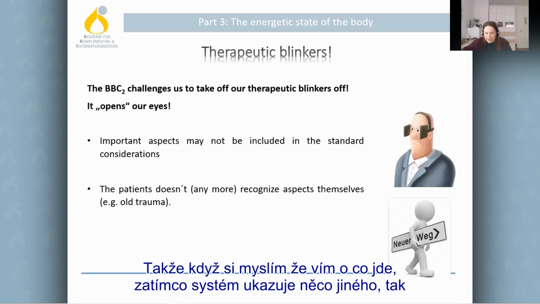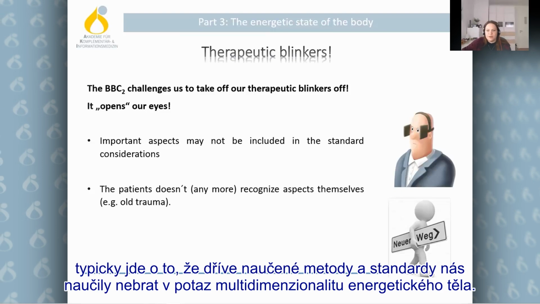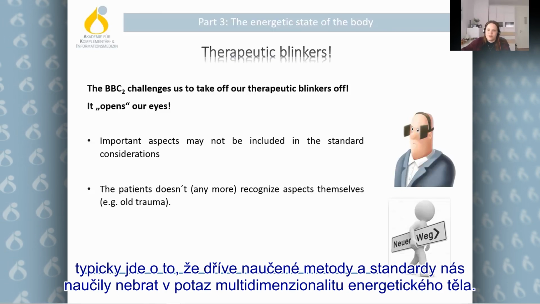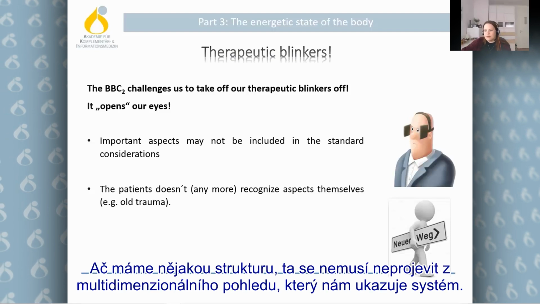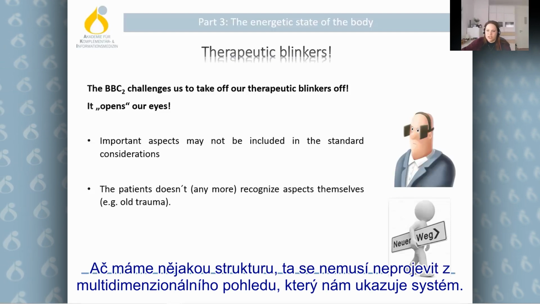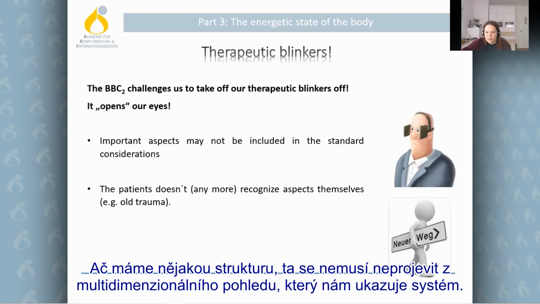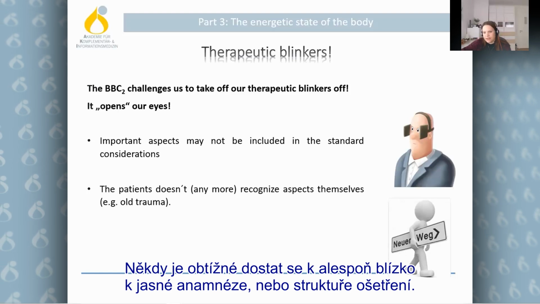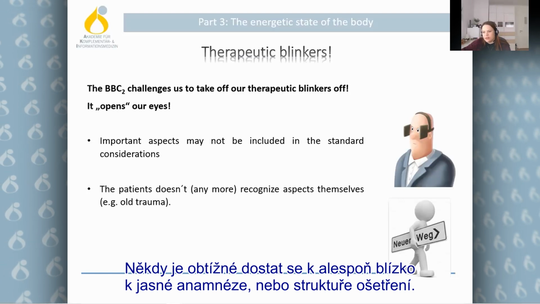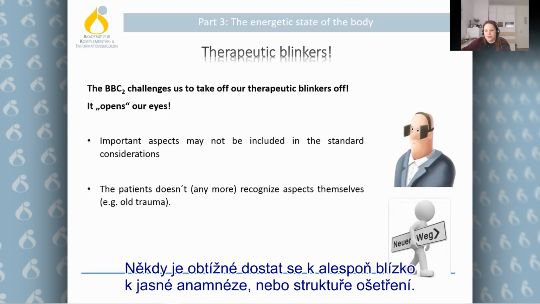So I think I know what's going on, and then the system shows something else. Previously learned standards and methods typically do not take into account the multidimensionality of the energetic body. Sometimes we have a structure, but it's not the multidimensional way of the system showing up, so it makes it difficult to get a clear analysis or treatment structure.